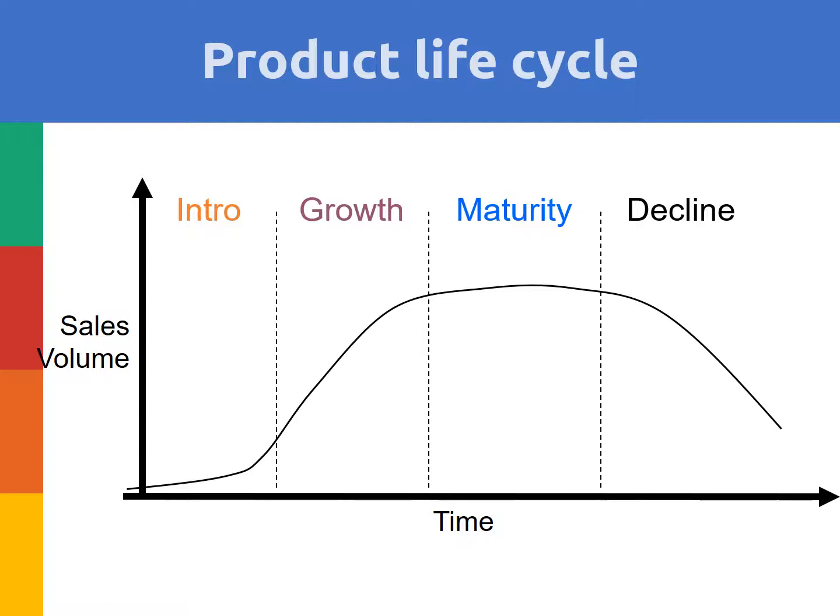The product then goes through a growth phase as volumes increase, before reaching maturity or market saturation, when sales are at their peak, before entering decline. Decisions will need to be made at each stage on areas such as pricing, advertising strategies and messages, and investment.